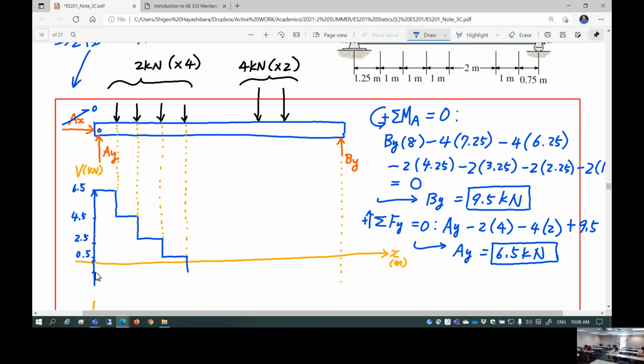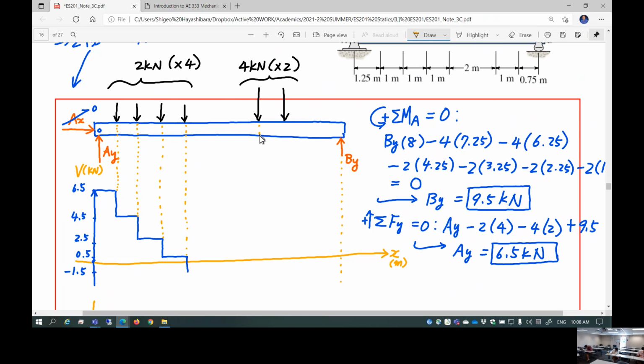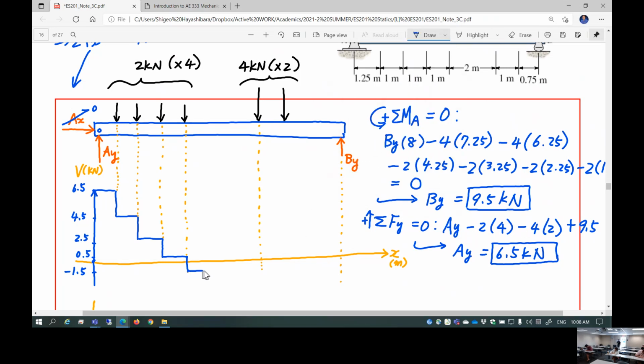So this is minus 1.5, isn't it? Minus 1.5. Okay. And shear is constant up until here. So here's constant negative 1.5 up until here.